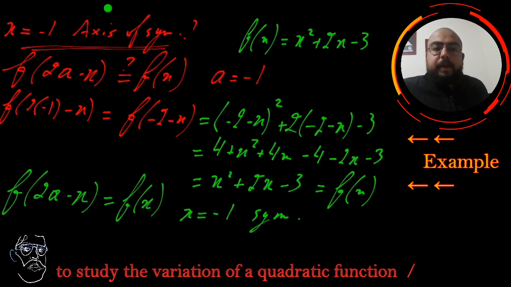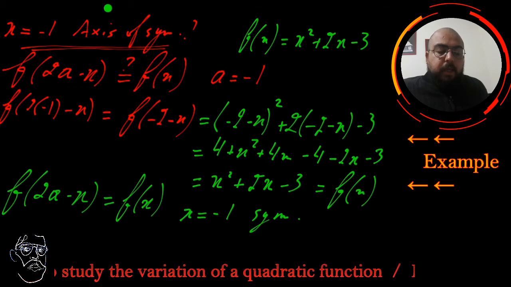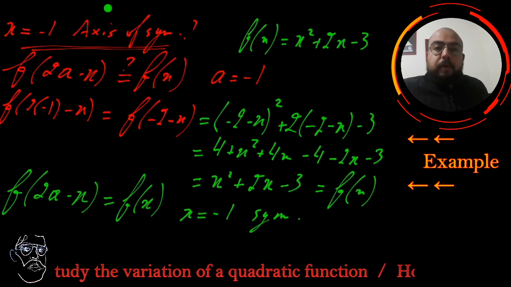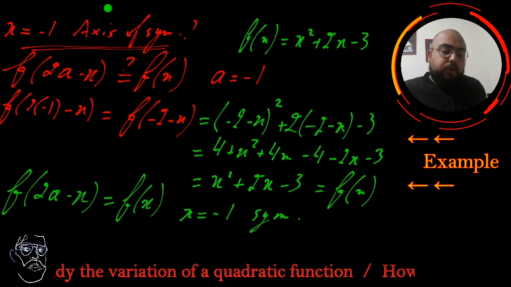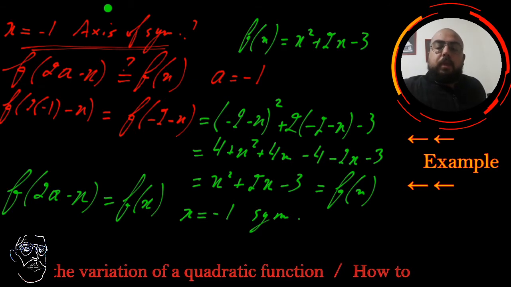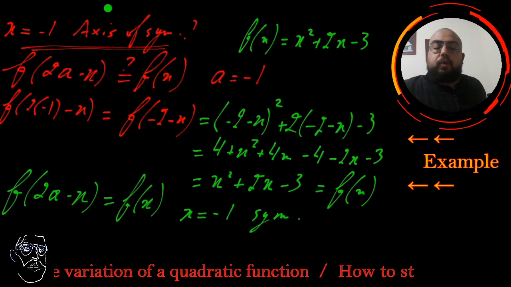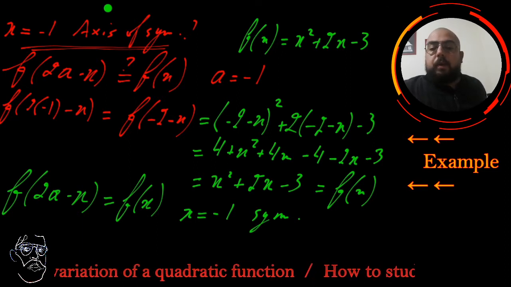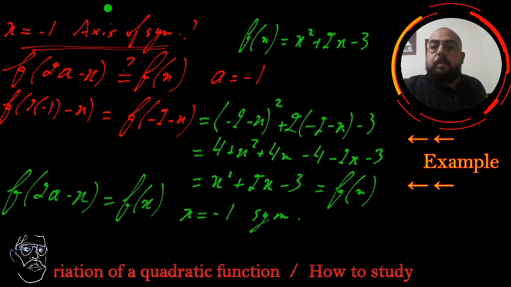I'm going to take another example. Again, a quadratic function, a quadratic equation. But in this case, it will be with a coefficient which is negative. I'm going to give you another example.